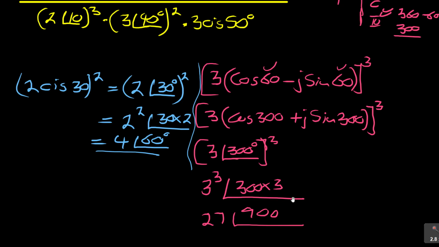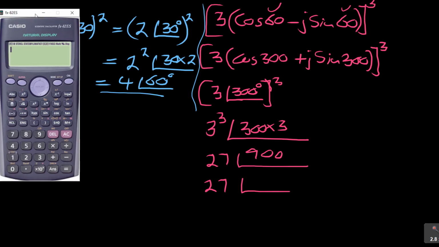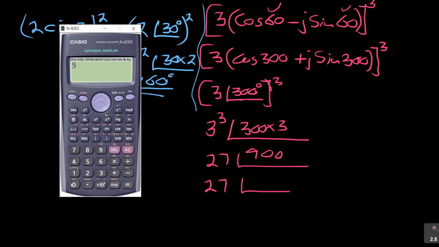But now remember, you have to take out how many revolutions there are. You subtract 360 from 900, it gives us 540. Again I subtract 360, another revolution, it gives me 180.